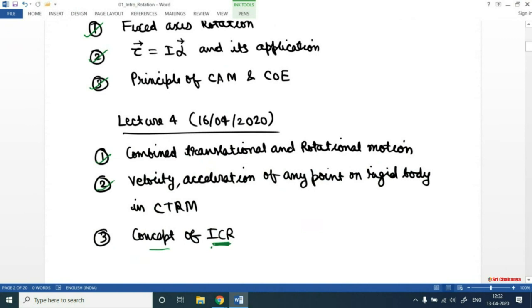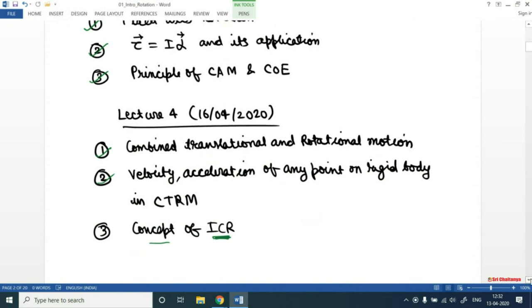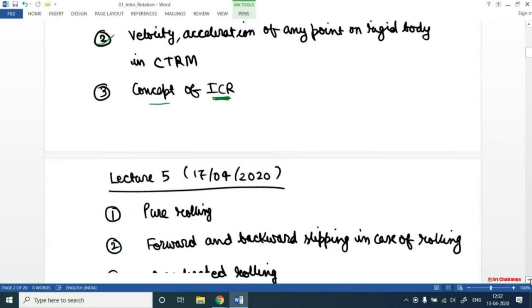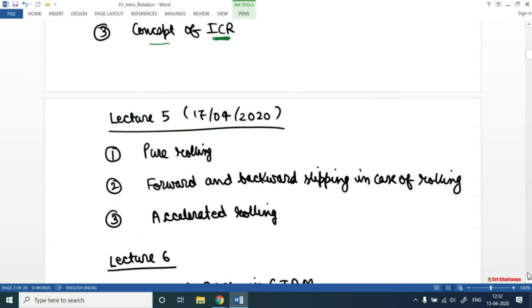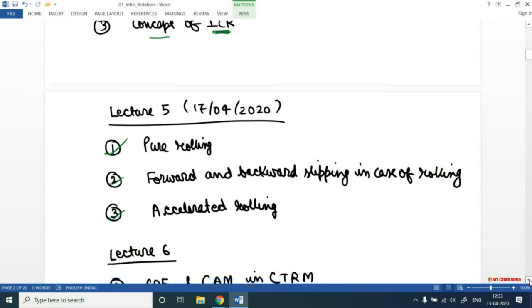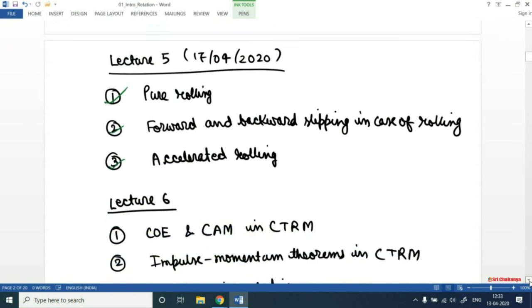In lecture number 5, I plan to do pure rolling, and apart from pure rolling, we will discuss forward and backward slipping in case of rolling, and also accelerated rolling. So lecture number 5 would be devoted to different types of rolling.